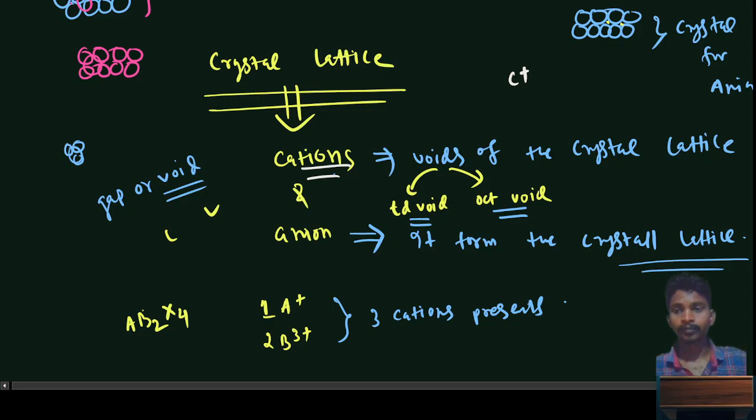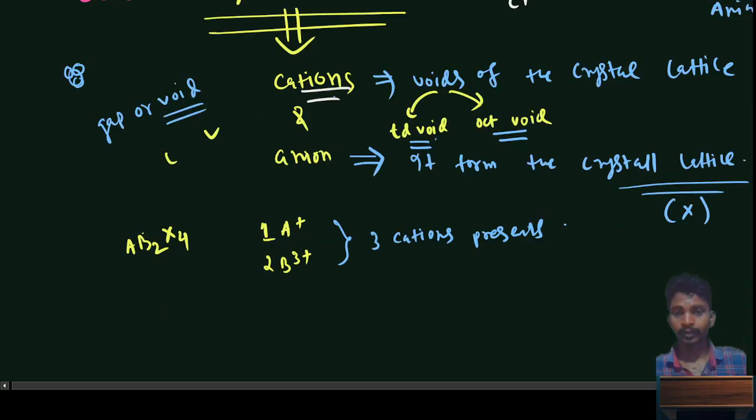The crystal lattice is always formed by the anions. So how you distinguish whether it is an inverse spinel or a normal spinel is decided by which cations go to which voids.